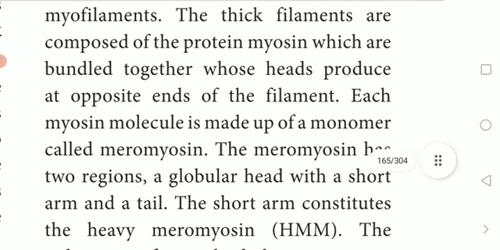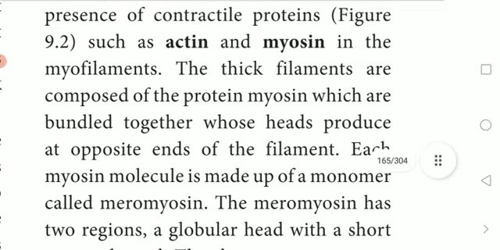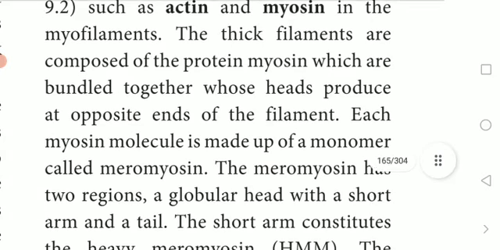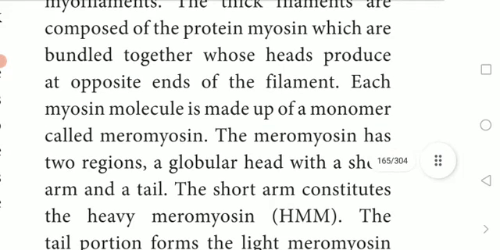Each myosin molecule is made up of monomers called meromyosin. Monomer means single type of proteins joined together.